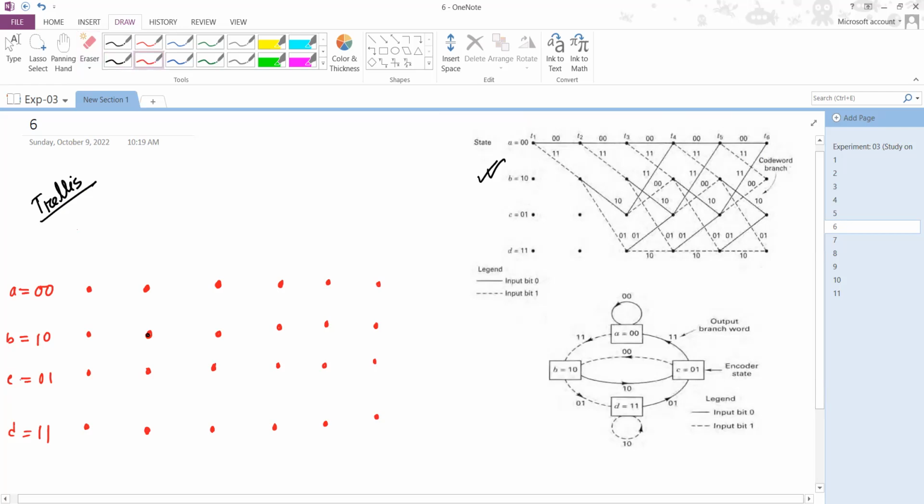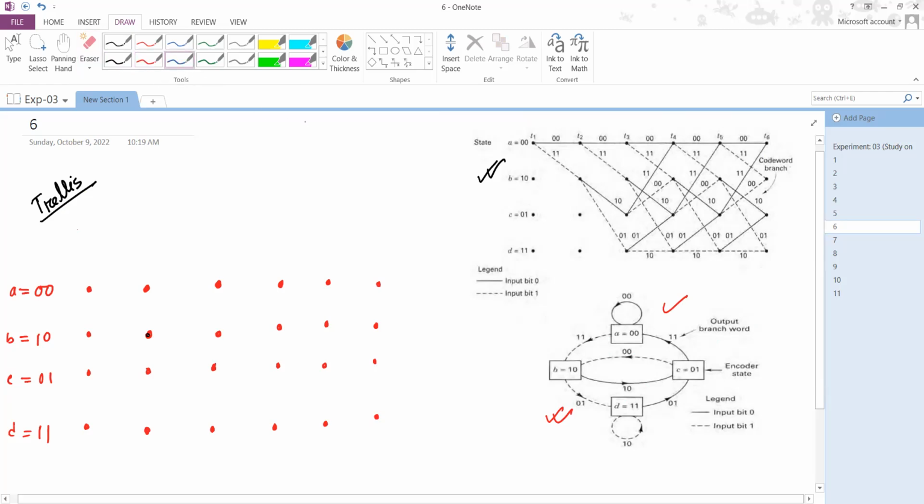Now, if I start from the beginning, from our state diagram, you will see this is the state diagram that we have already drawn in the previous slide.